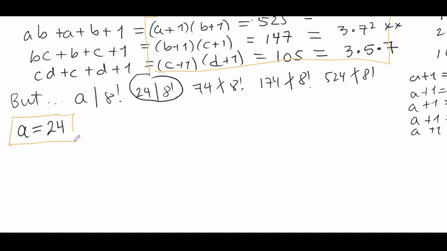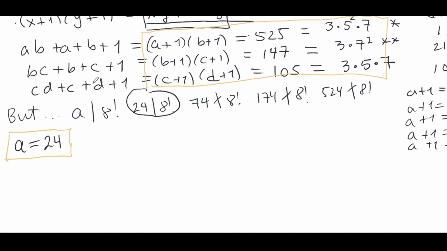Okay, very good. So now what is B? Well, we have all these formulas. We just plug this stuff in. So we use formula 1. Where's formula 1? So let's use this one. And we have a plus 1, that's 25, times b plus 1 is 525.